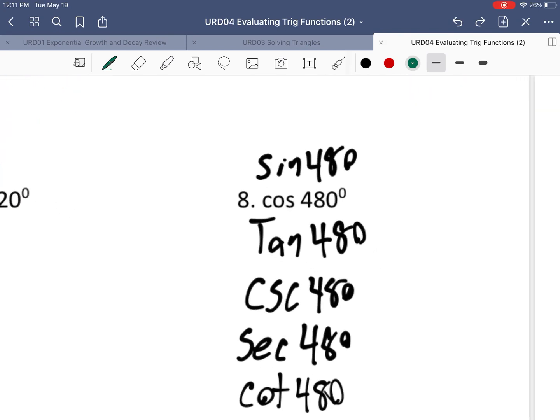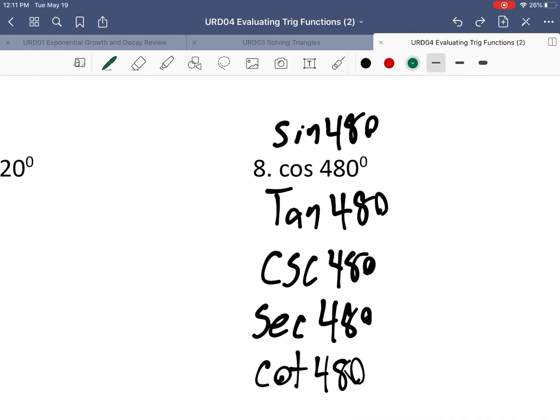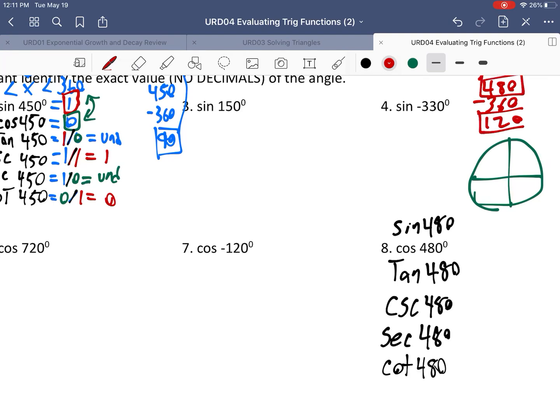Now, let's do 480. Now 480 is different because 480 is not a quadrantal angle, it's going to have a reference angle. So if we look at the circle, because it's important to always know where these angles are, 480 minus 360 is going to be 120, so that means that 480 is really the same thing as 120 on the graph.